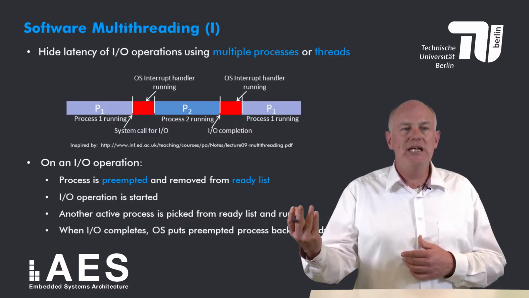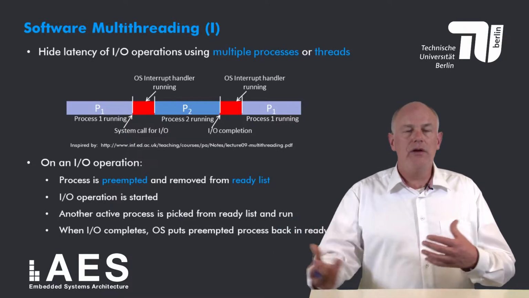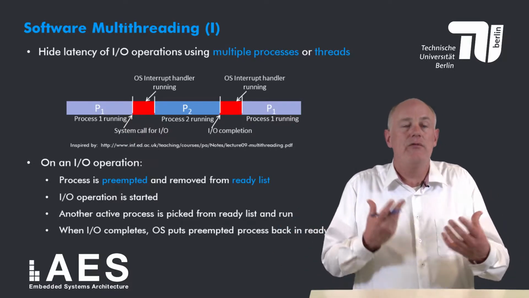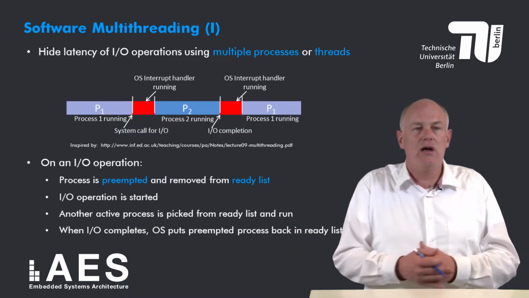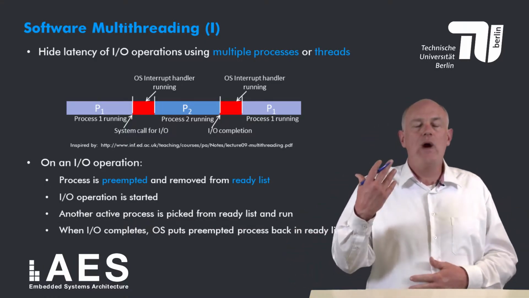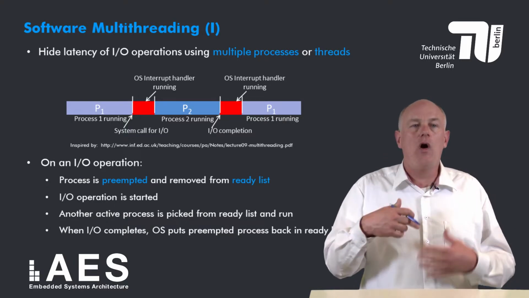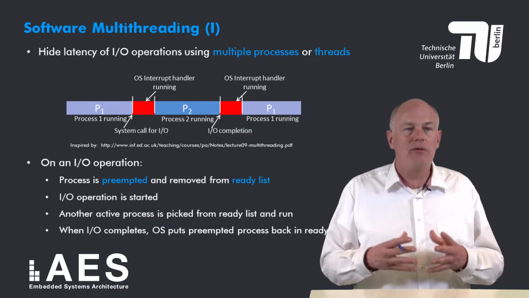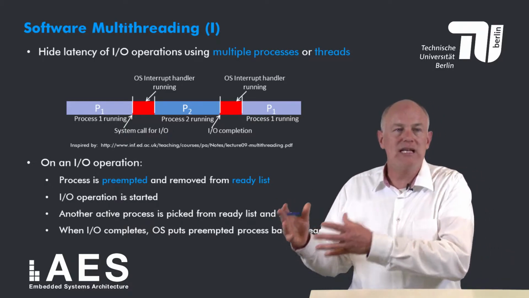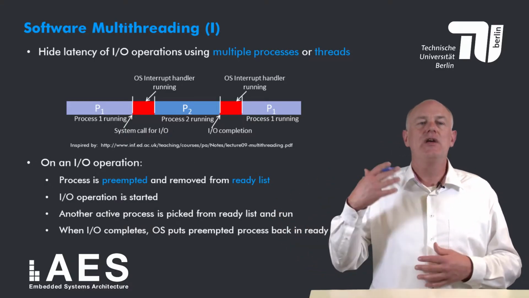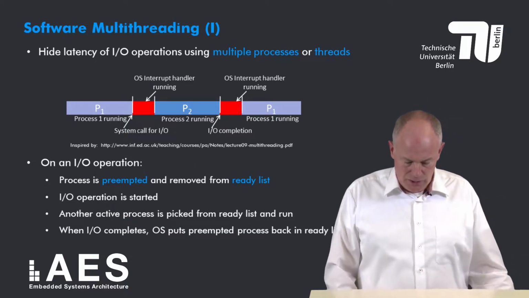The I/O operation is started. Another ready process is picked from the ready list and is allowed to execute. And when the I/O completes, the operating system is informed of that and puts the preempted process back in the ready list so the next time it can execute again.